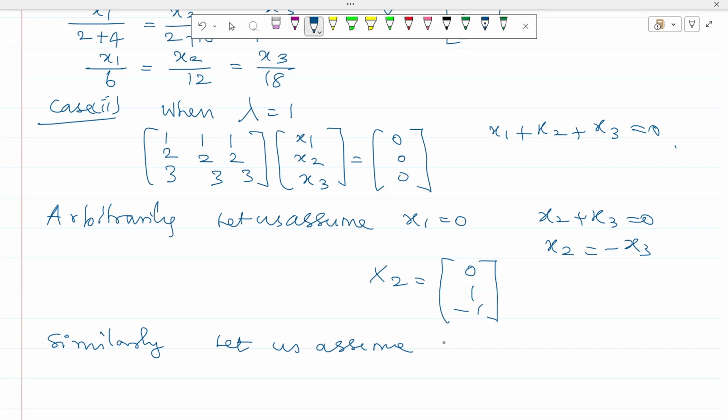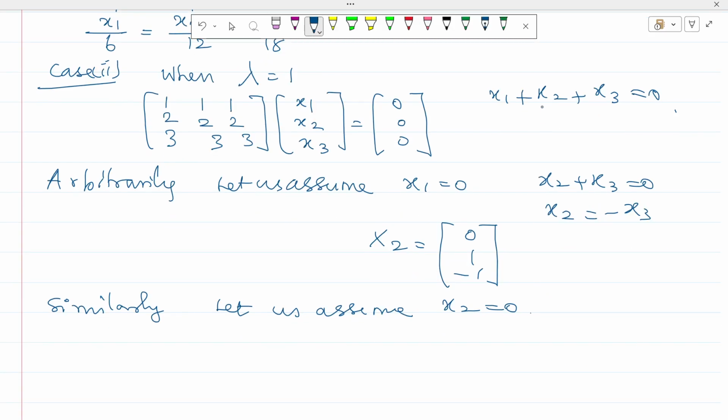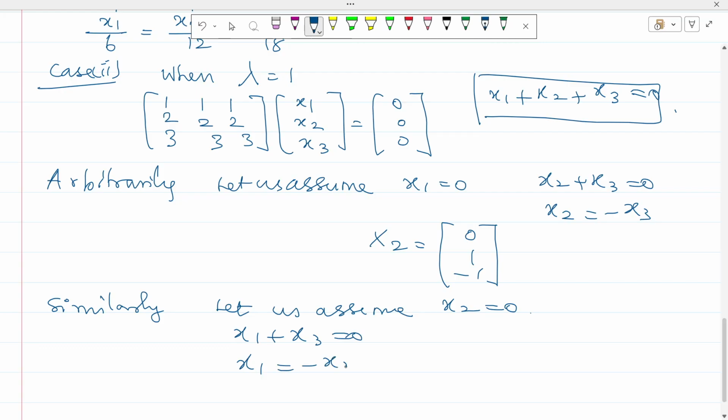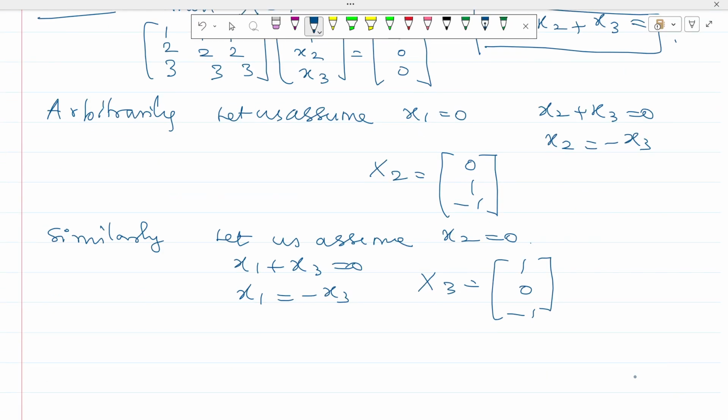So once again we take x2 equal to 0 in x1 plus x2 plus x3, then x1 plus x3 equal to 0, x1 equal to minus x3. Therefore, with x3 equal to 1, the eigenvector is 1, 0, minus 1. Okay, so these two cases are very important.